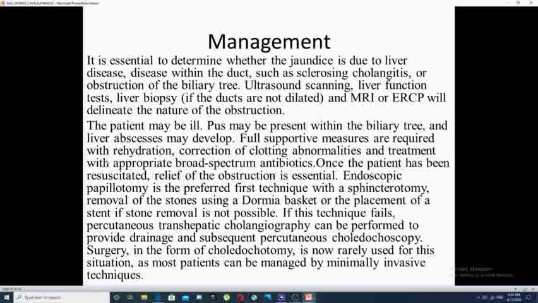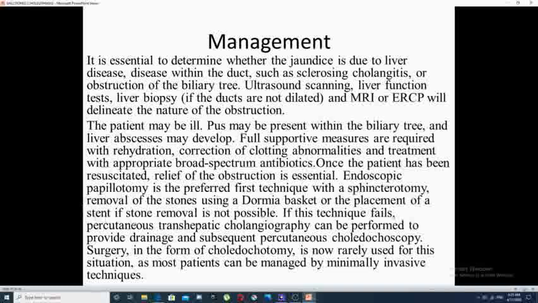Once the patient is resuscitated, relief of obstruction is essential, which can be done through endoscopic papillotomy combined with sphincterotomy and removal of the stone using a Dormia basket, or placement of a stent.